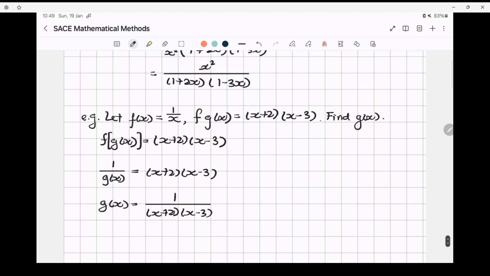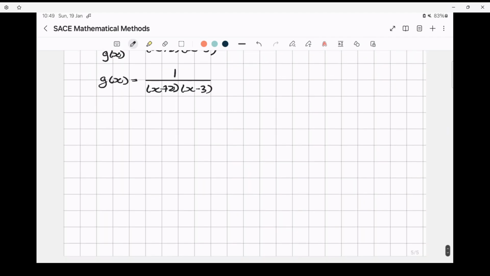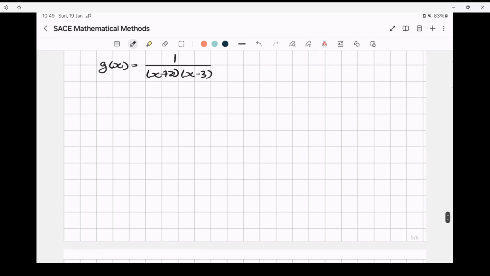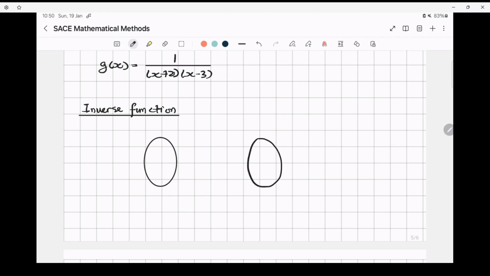The other way around, we need to define what we call the inverse function first. So let's define what is an inverse function. For inverse function, basically it's more or less the same thing. By the name you can roughly understand that the inverse function is the opposite direction of f.